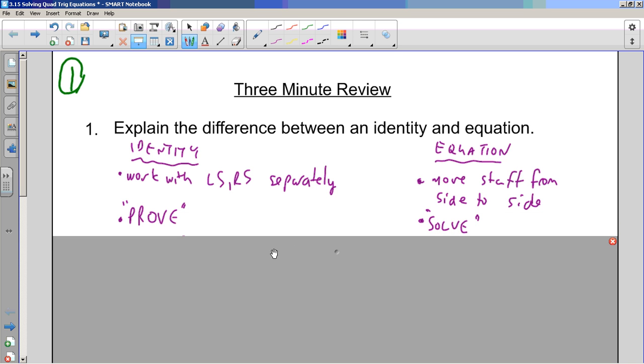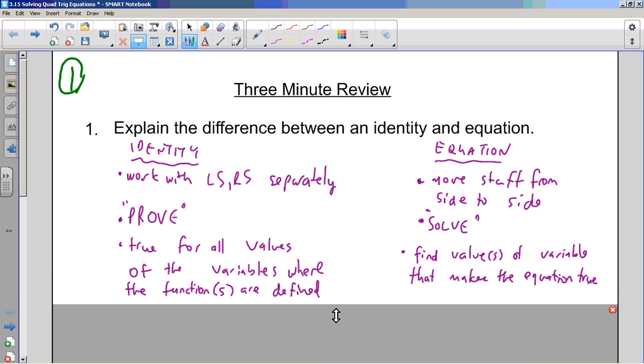Another thing that you might have said: what we do with an identity is we prove it, and what we do with an equation is we solve it. And maybe this is the most important point. When we're proving an identity, we know that it's true for all values of the variables, at least where the functions are defined, because sometimes there are holes where the left side and the right side aren't defined at all.